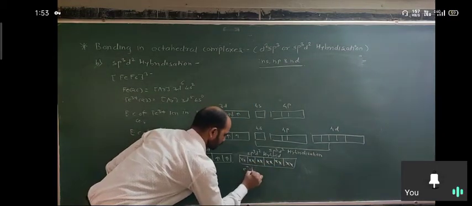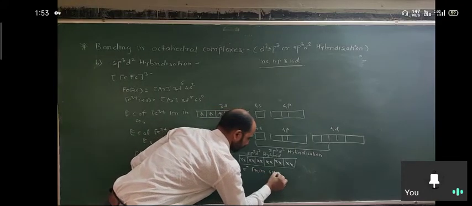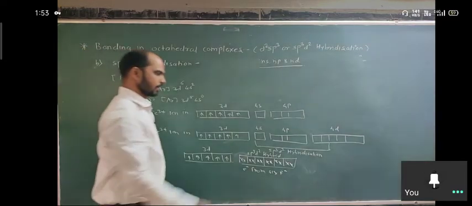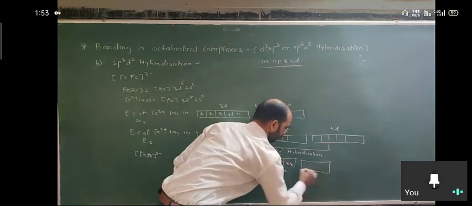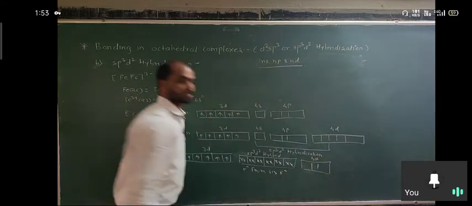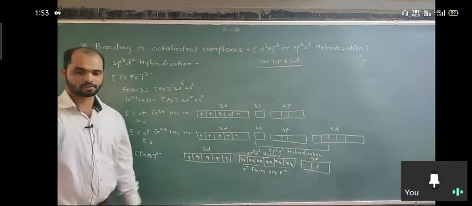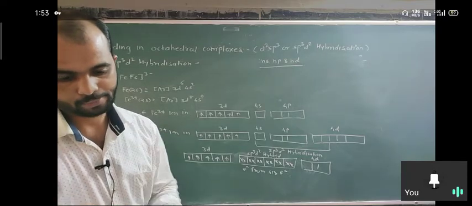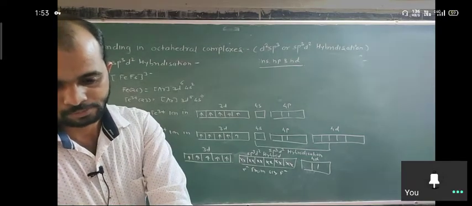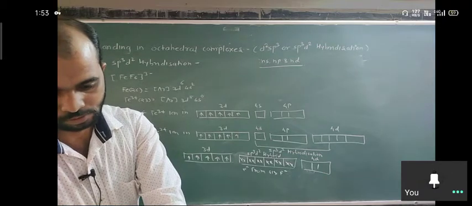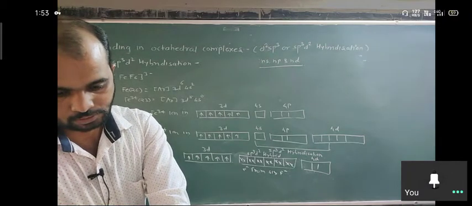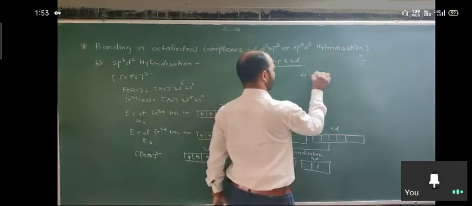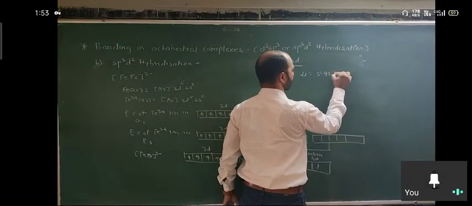Here electrons come from the 6 F minus ligands, and the remaining 4d orbitals are vacant. The magnetic moment of the complex is highly paramagnetic, and you can calculate it: mu is equal to 5.92 Bohr magneton.